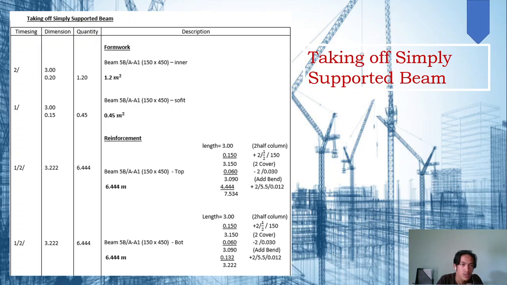For simply supported beam, we will take off formwork. We get 1.2 meter squared for inner, and then soffit 0.45 meter squared. Okay, and then we take off the reinforcement. We get the value 6.444 meter.